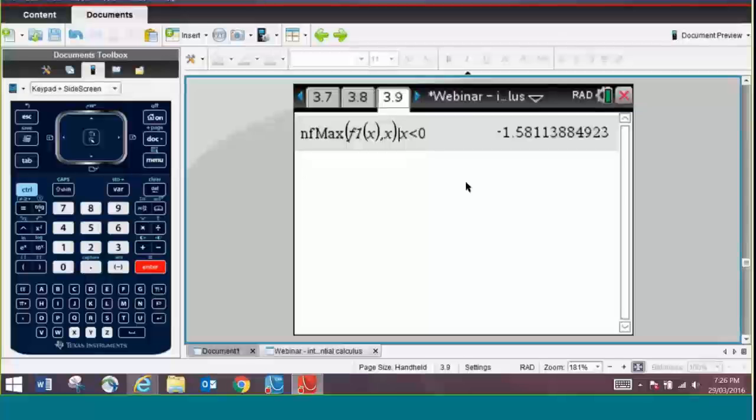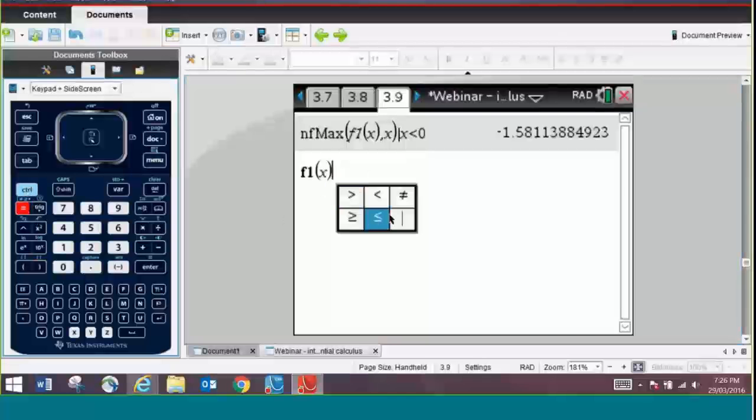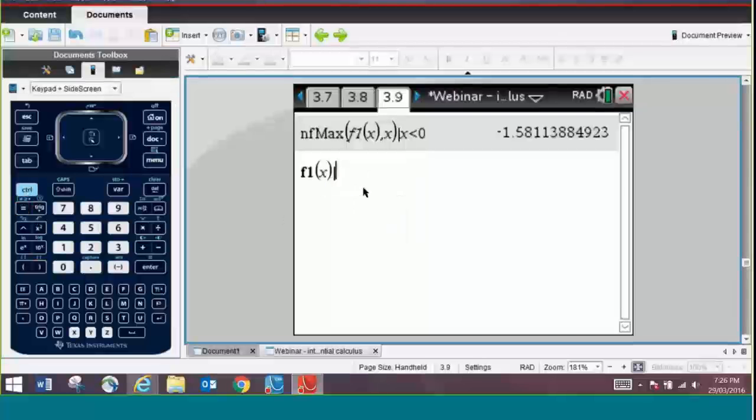To get the y values of those, you simply need to do f1 of x. Well, there are two ways you can do it. This is one way, f1 of x at, and you can take that value and put it there. Oops, sorry, need to put x equals. Let me just go and slip that in.